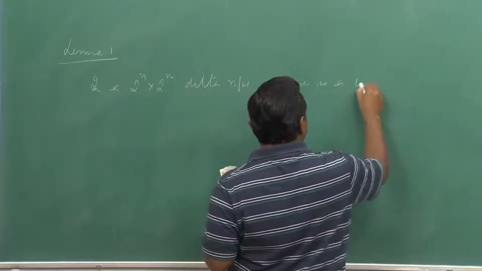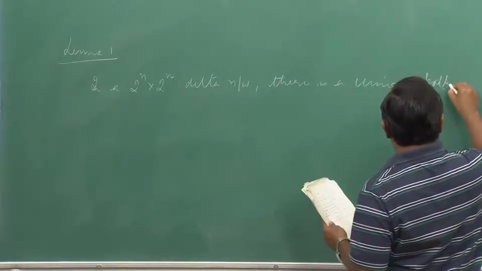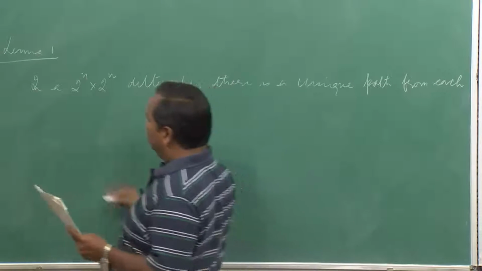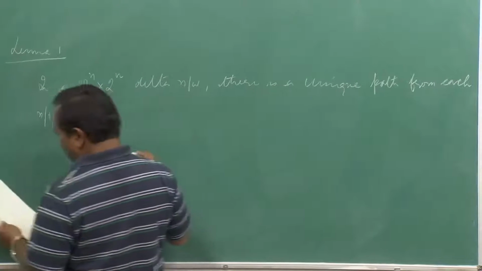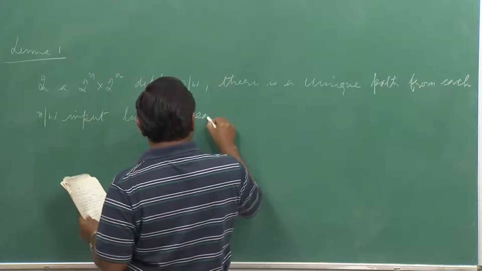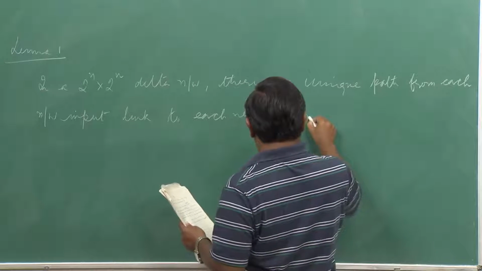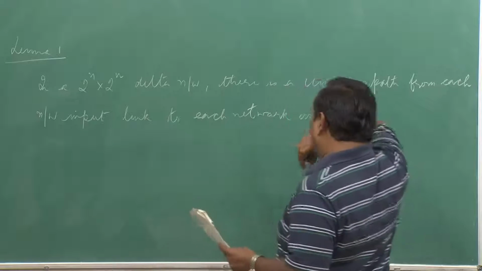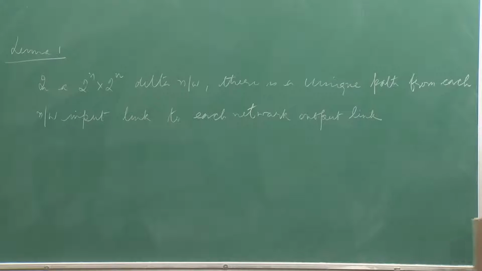There is a unique path from each network input to each output. So, this is basically also the definition of a Banyan network.